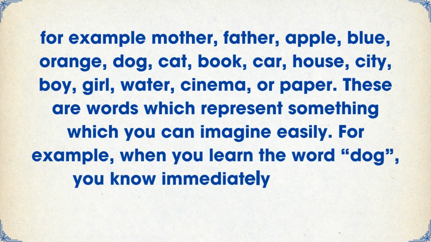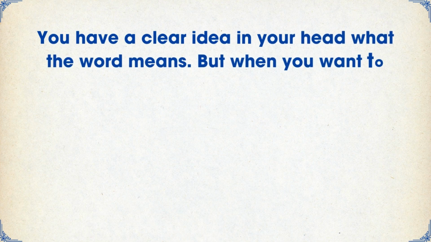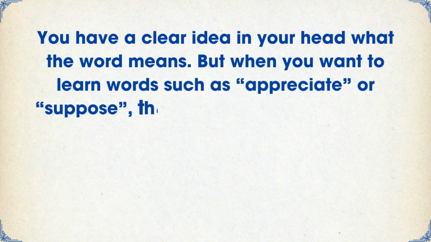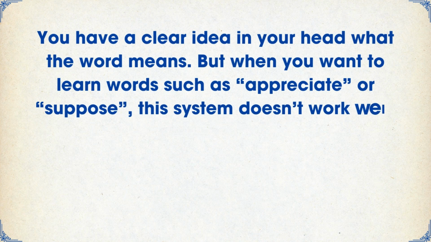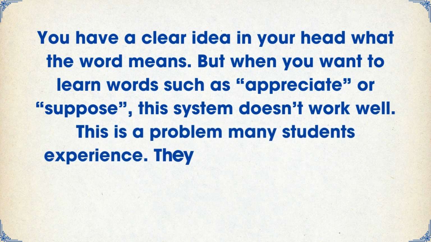For example, when you learn the word dog, you know immediately what it is. You have a clear idea in your head what the word means. But when you want to learn words such as appreciate or suppose, this system doesn't work well. This is a problem many students experience.